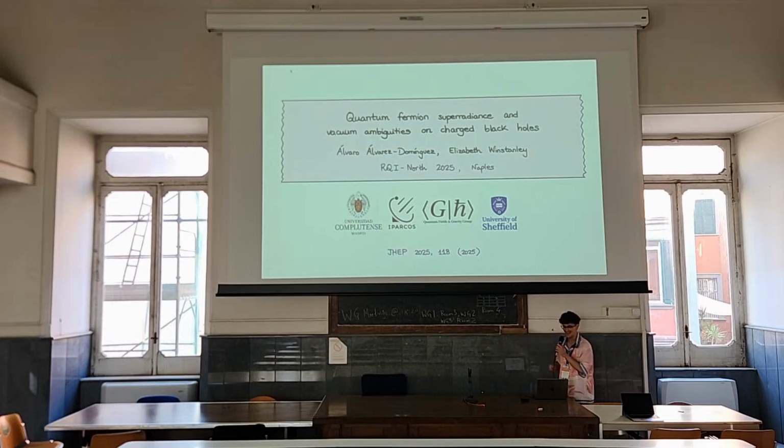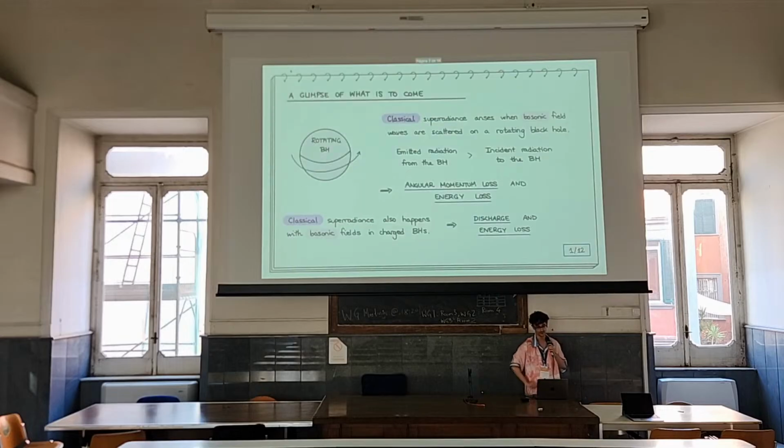And today I'm going to talk about superradiance, a project that I did in collaboration with Professor Elizabeth Stanley at the University of Sheffield. First of all, let's talk about classical superradiance. Classical superradiance is the effect that happens when you have a rotating black hole and you put some incident radiation, and then the black hole emits more radiation than the incident one.